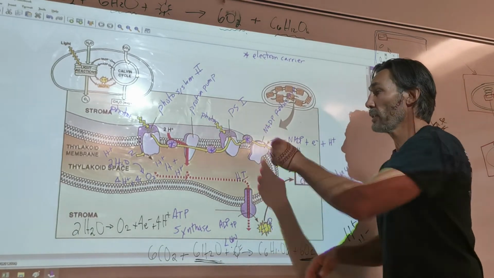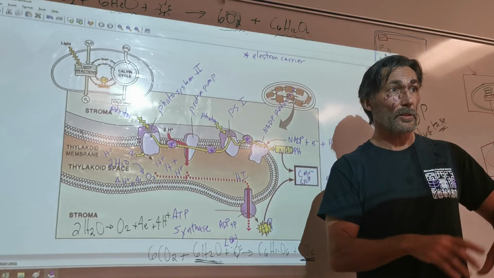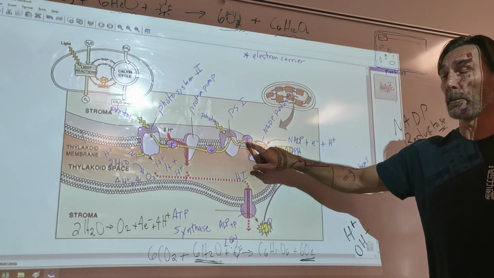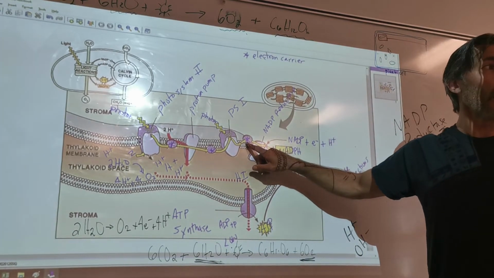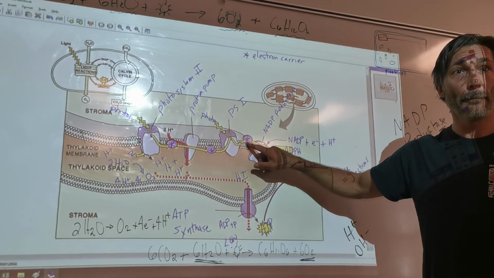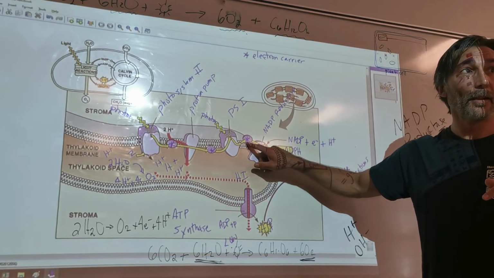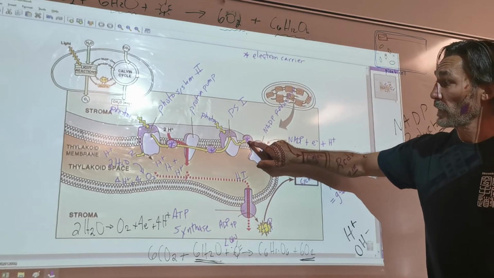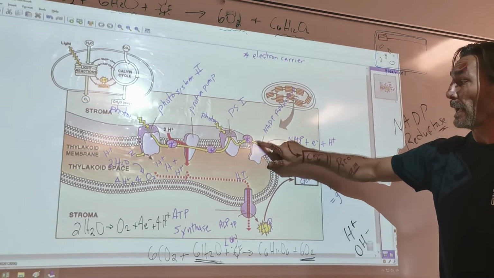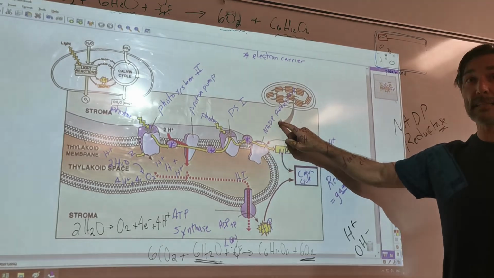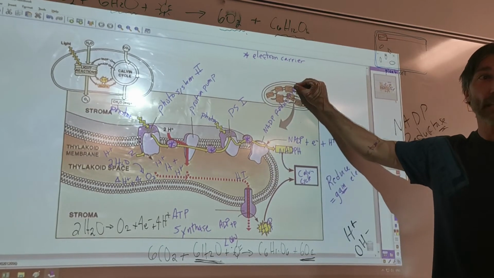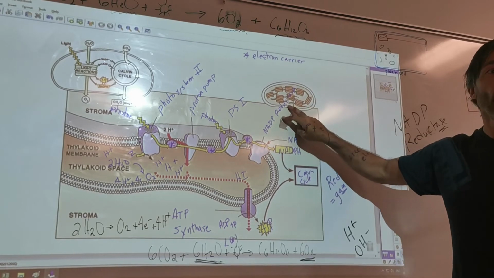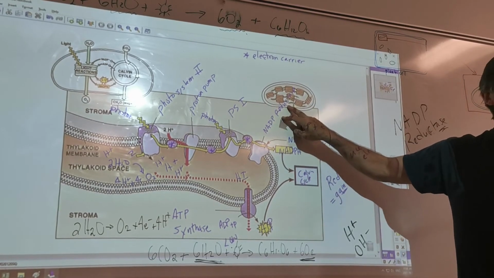This is a photon of light, channel the energy down to the reaction center, boom, energize electrons, eject them. Another electron carrier picks them up. High or low energy of electrons right now? High, because they just got ejected, right? And so this electron carrier takes them to this enzyme with a big ugly name, NADP reductase. The ase means it's an enzyme. It's going to reduce, which means something's going to gain electrons.